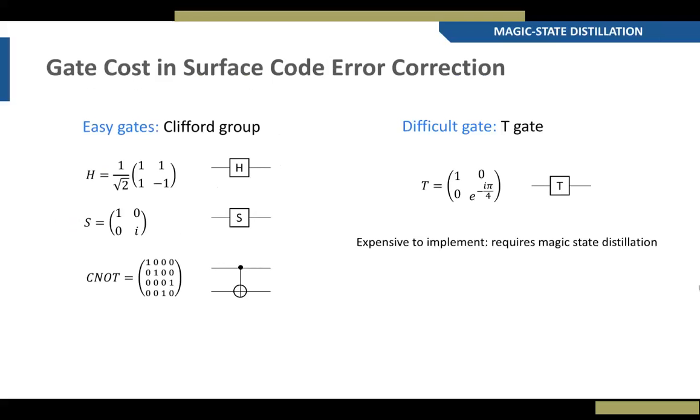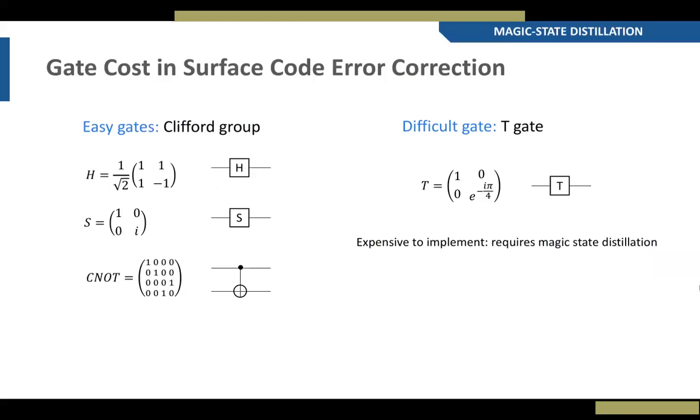One set is cheaper to implement on surface code, for example gates from the Clifford group. The examples I listed here are the Hadamard gate, the S gate, in other words the phase gate, and the controlled-NOT gate, which requires two-qubit interactions involving braiding.